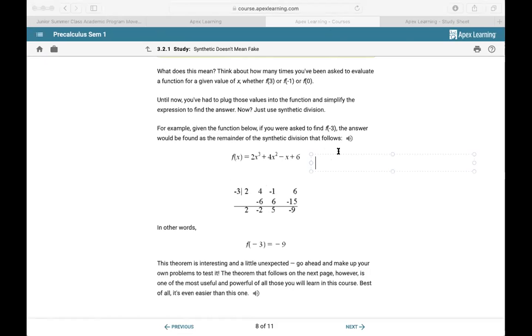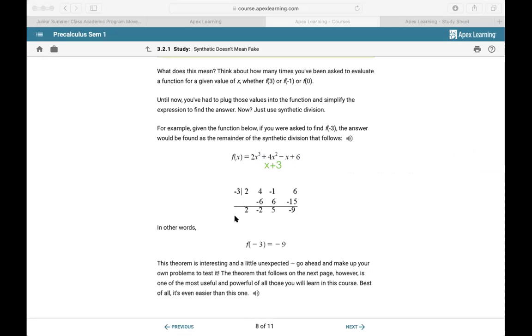So we're saying they're dividing that quantity by x plus 3. Again, you're going through that synthetic process, where when we solve for x, we get -3. So I write -3 there.